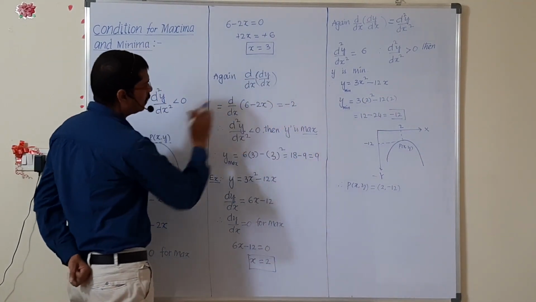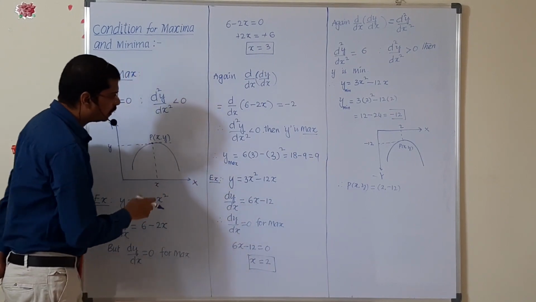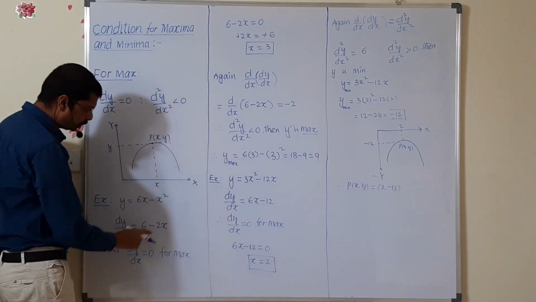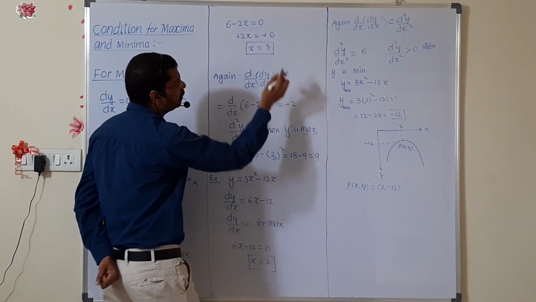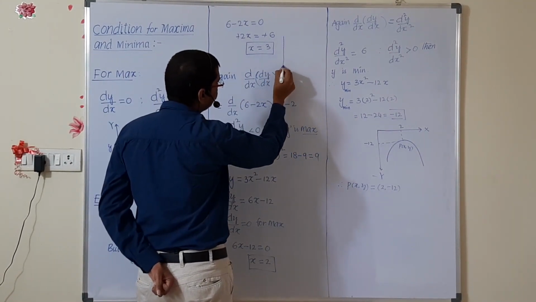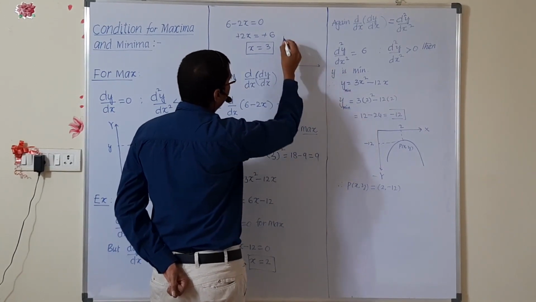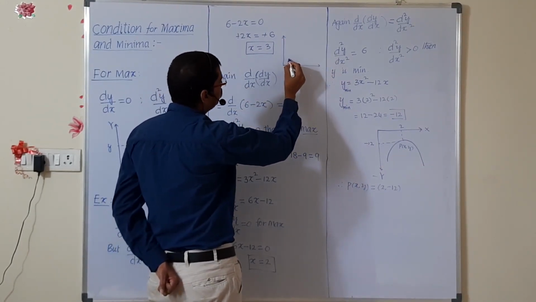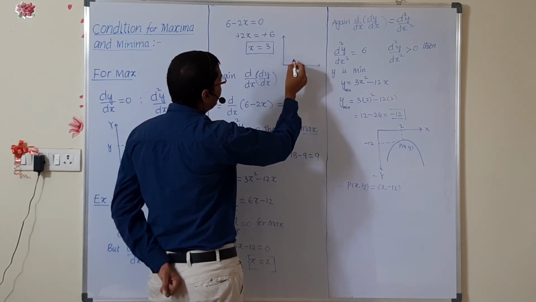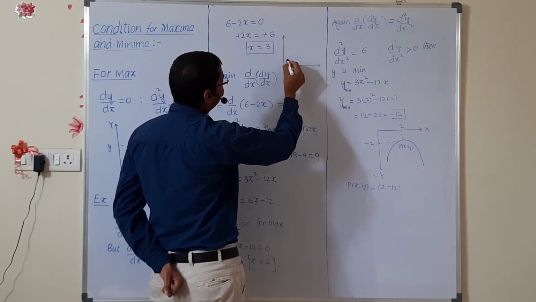If you take this diagram also, we can represent it in graph form. The x value we are getting is 2 and the y value is plus 9, meaning 2 and plus 9. If I take some graph, for example 2 and 9, how will it be?